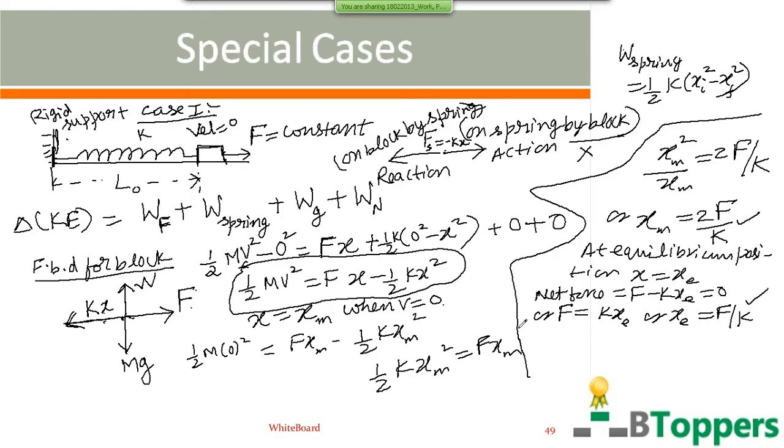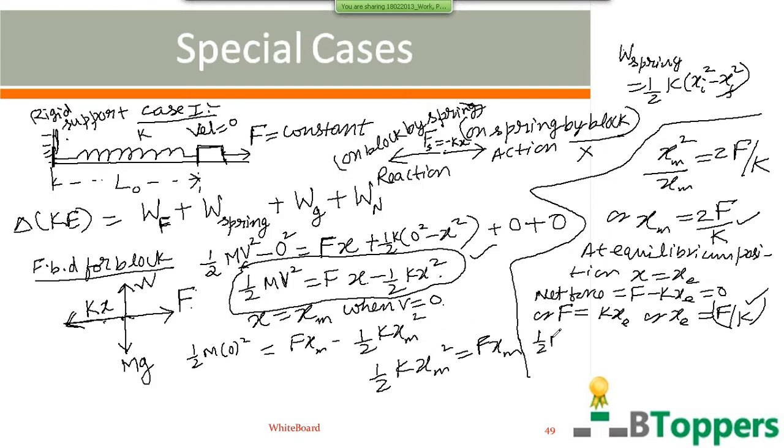So if you want to find the maximum speed of the block, you have to substitute x equal to xe in this equation, because the magnitude of velocity is maximum at the equilibrium position, when x equal to xe or F by k. So in case you are asked to find the maximum speed of the block during subsequent motion, you have to substitute x equal to xe or F by k on the right hand side of this equation to find the maximum value of v.